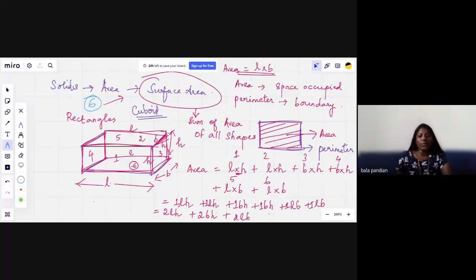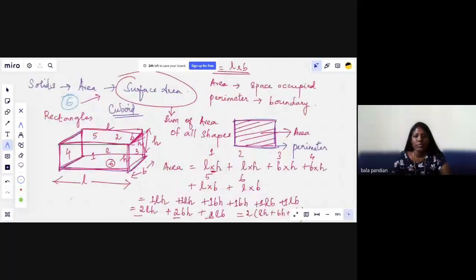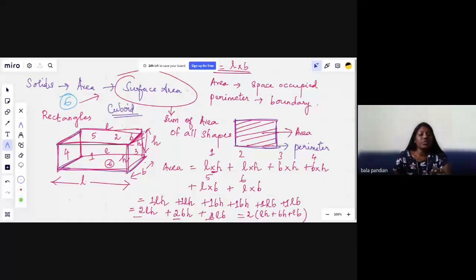So now I could see that 2 is common on all of my three terms. So I'm taking that common. I have 2 into LH plus BH plus LB as my formula for this particular surface area of a cuboid.